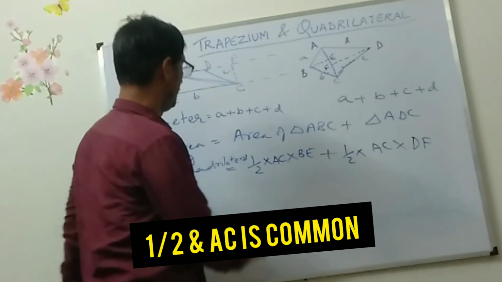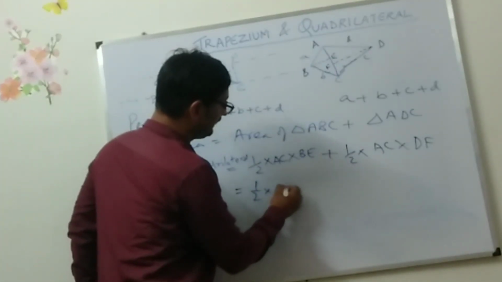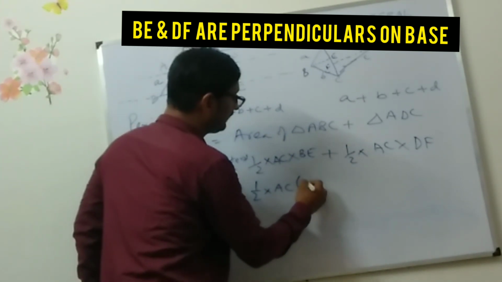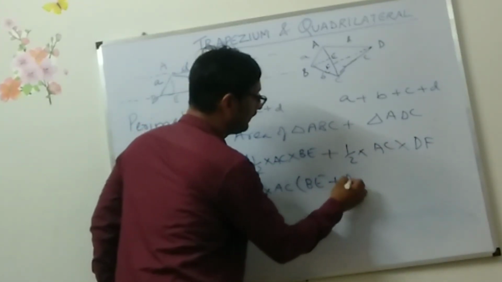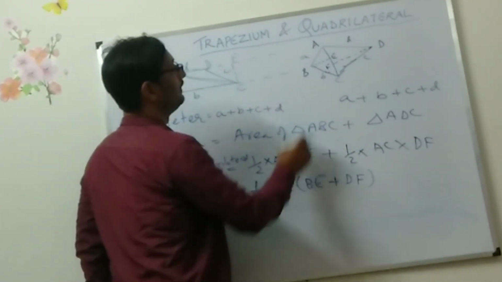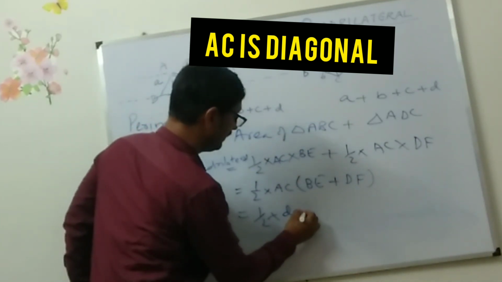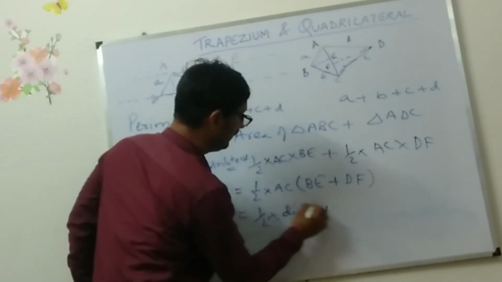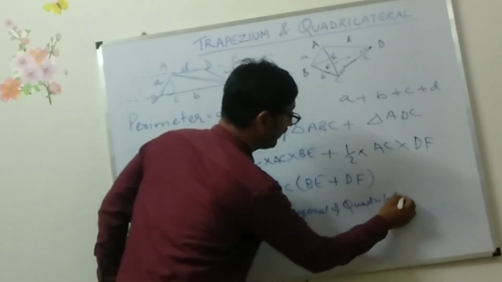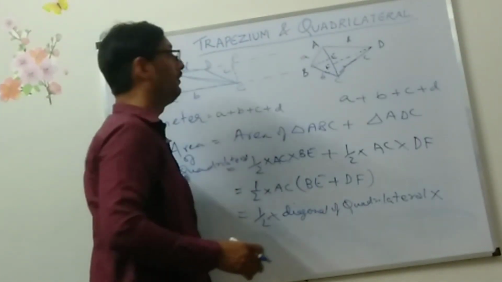Now look at this. What is common? Half is common. AC is common. What is remaining? BE plus DF. Half. What is AC? Diagonal. So diagonal of quadrilateral into what is BE and DF?